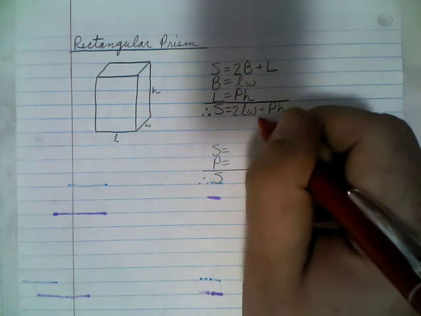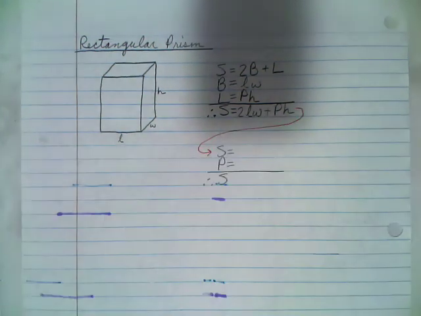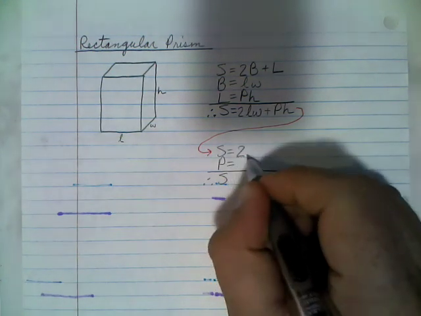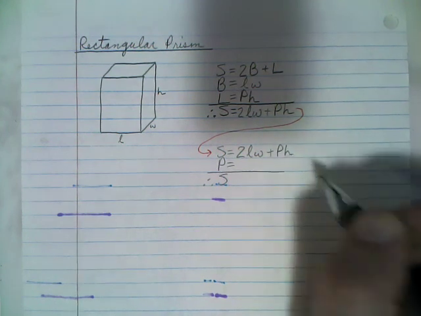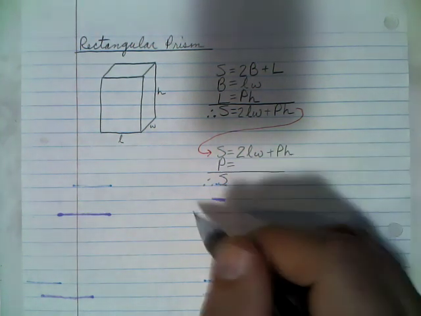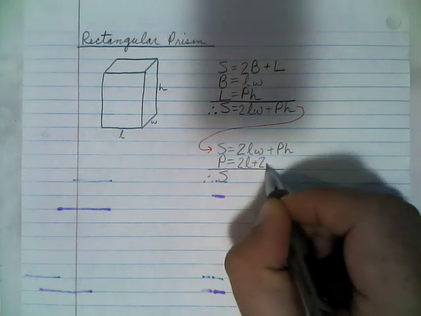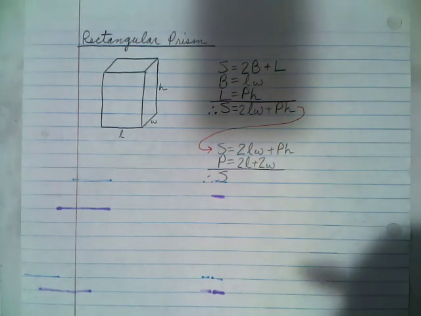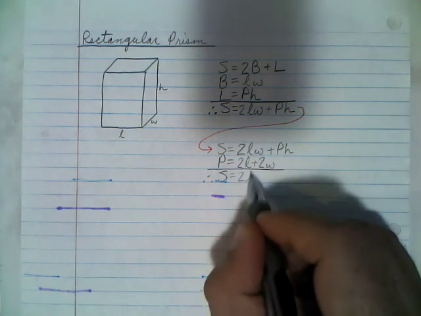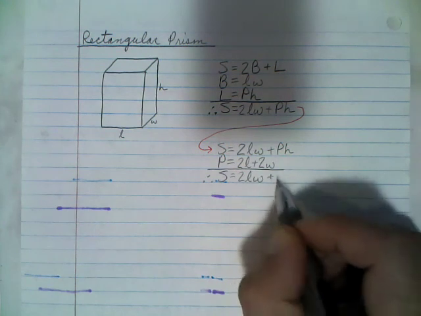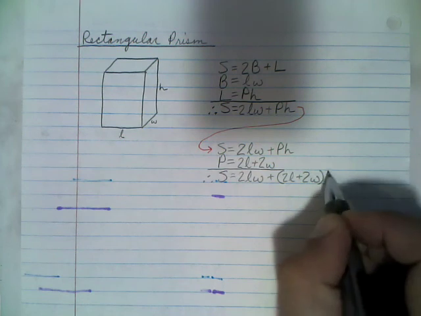So now if we take this result and bring it down there, surface area equals 2LW plus PH. While for a rectangle, its perimeter is 2 lengths plus its 2 widths. So therefore, S must equal 2LW plus perimeter, which is 2L plus 2W, times the height.